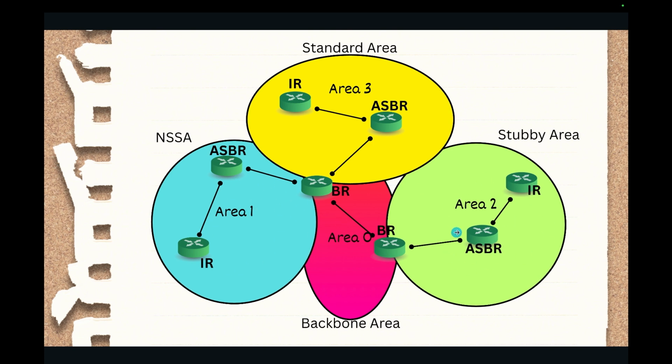Now we have this stubby area. So this customer wants that we do not want to learn any type of external routes. So they will make area 2 a stubby area. Now they won't receive any type 5 or type 7 LSAs. So this is just an example.